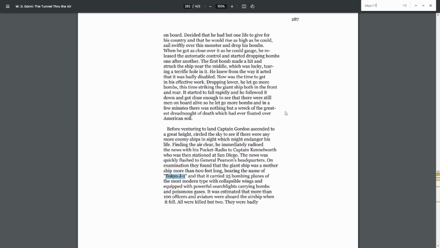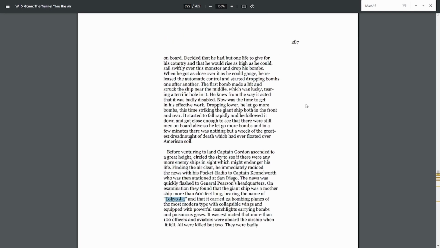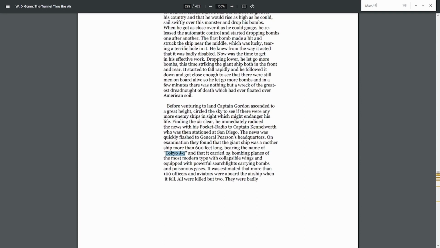In The Tunnel Through the Air, on page 287, it says that the news was quickly flashed to General Pearson's headquarters. On examination, they found that the giant ship was a mother ship more than 600 feet long, bearing the name of Tokyo G1, and that it carried 25 bombing planes of the most modern type with collapsible wings and equipped with powerful searchlights, carrying bombs and poisonous gases.